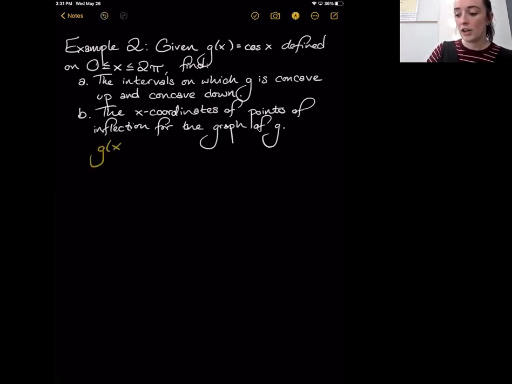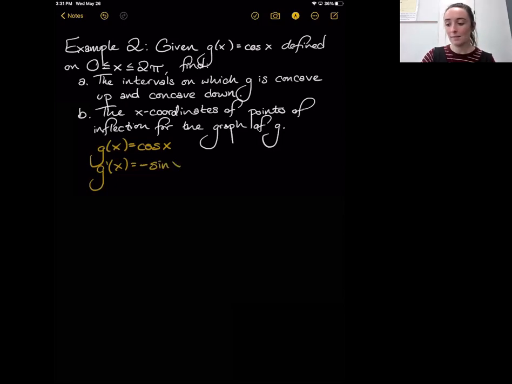So I know that g of x is defined as cosine of x, which means its first derivative, g prime, is negative sine. So its second derivative, g double prime, is negative cosine.